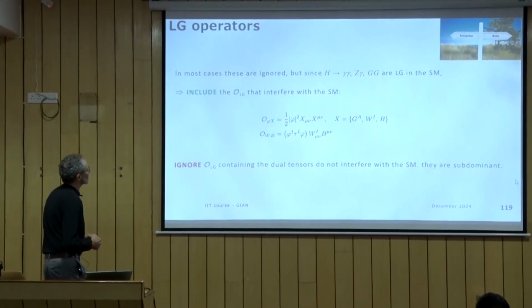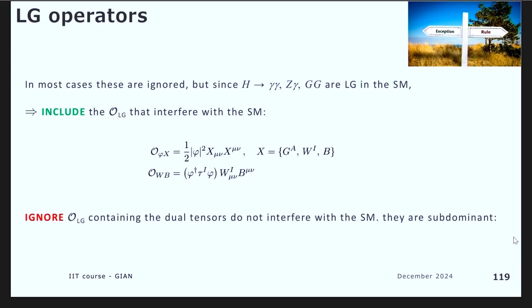Finally, let me look at some loop-generated operators. Because, as I mentioned, some of the most interesting processes involving the Higgs, and necessary processes like the production of the Higgs, involve the HGG, gluon-gluon coupling, which is loop-generated.